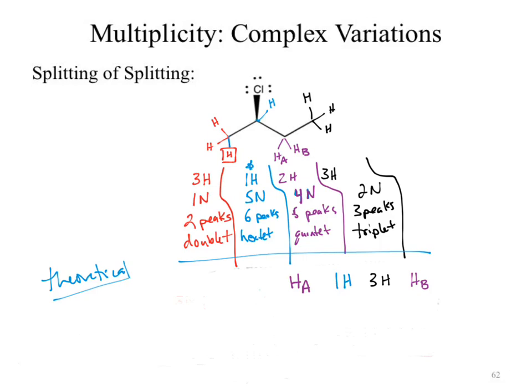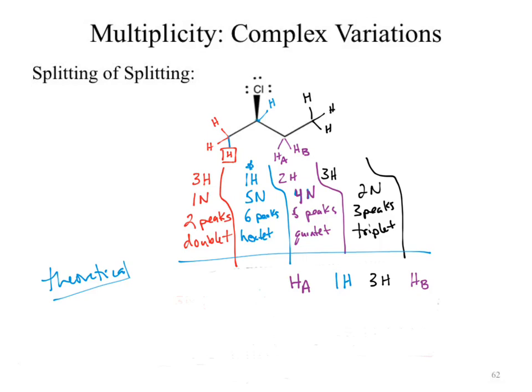Because they are diastereotopic, which means our splitting pattern becomes splitting of splitting of splitting. Yay! Okay. This is one of the big reasons why we don't include chiral molecules when we go through and solve. Okay. What would HB look like? Same thing, but different. We just exchange HB for HA. Okay.